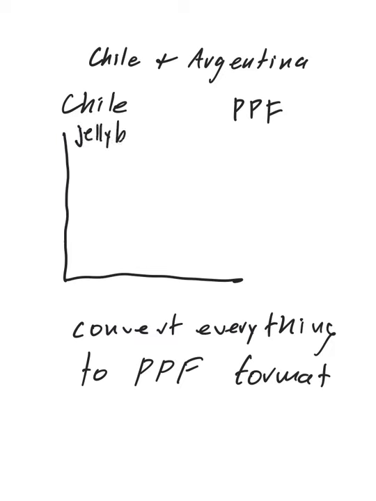Now, it doesn't actually matter which way you did it, okay? Whether jelly beans were on the vertical or the horizontal, the answers will still come out to be the same. And while we're at it, let's just put the other good, which is peanut butter, on the horizontal. So you see production possibility frontier. Number or amount of jelly beans on the vertical, number or amount of peanut butter on the horizontal.